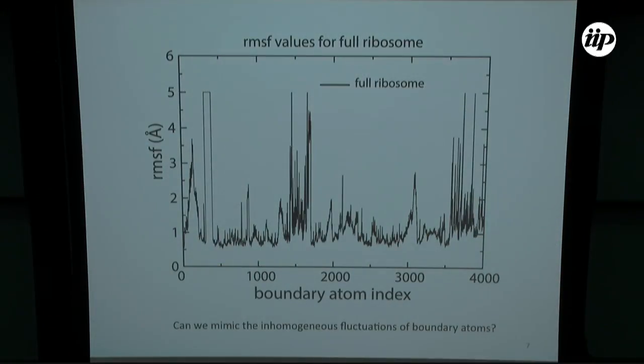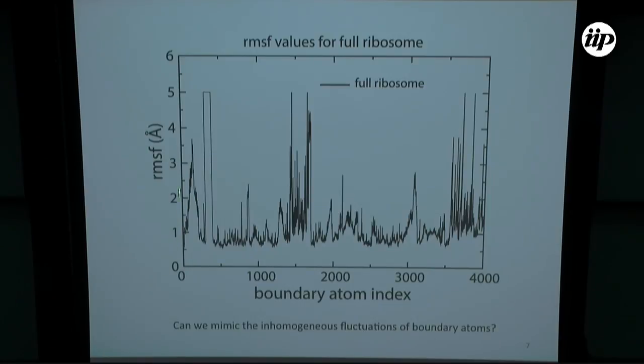So if we look at this case, this is just the RMSF of what we identified as being at the boundary of this example. So there are almost 4,000 atoms on the boundary out of 24,000 atoms in our system. And I'll define what I mean by a boundary atom in a bit, but about a seventh of the simulation is actually composed of atoms that could have an artificial boundary effect if you weren't careful.